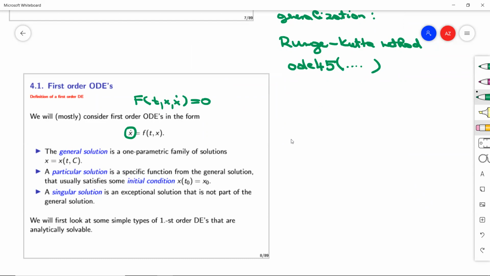But out of this equation, we can express x prime and put it on one side. And what remains is a function of t and x, and we put it on the other side. This is then some function of t and x, and we write it as small f.